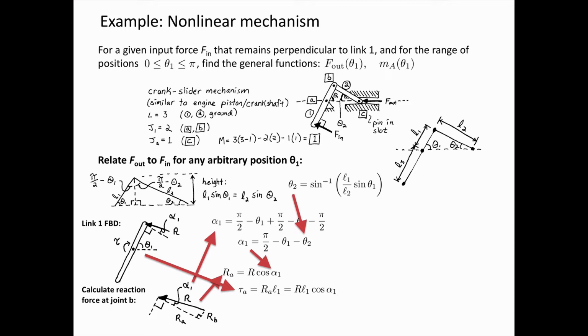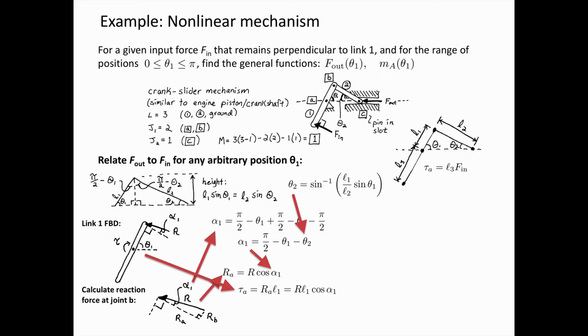If we know what the torque is, that's going to be equal to RA L1. Remember that RA is perpendicular to link 1. And then using the definition above for RA, we can calculate the torque at A as a function of the reaction force R.